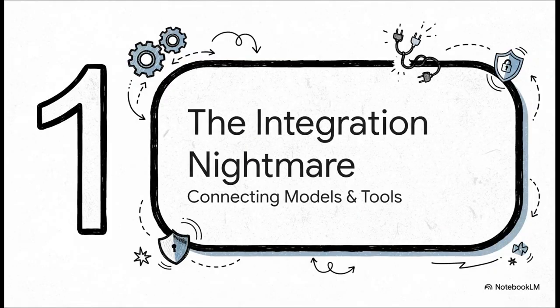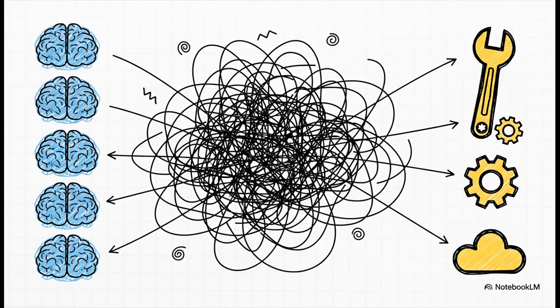Okay, so you'd think, great, just give the brain some hands and eyes. But it's not that simple. Not at all. Because when you start trying to connect every single tool out there to every single AI model available, you run into a huge, messy problem. It's what you might call an integration nightmare. And this nightmare actually has a name. It's called the N times M integration problem. Super simple concept, really.